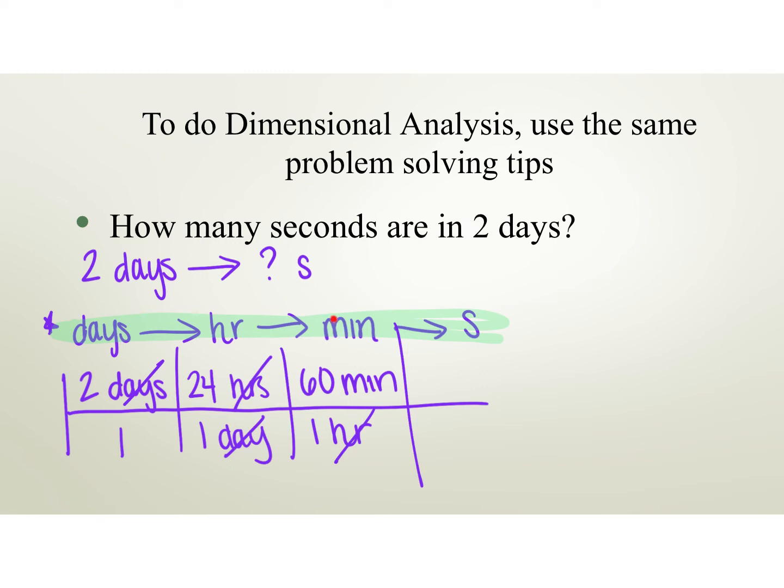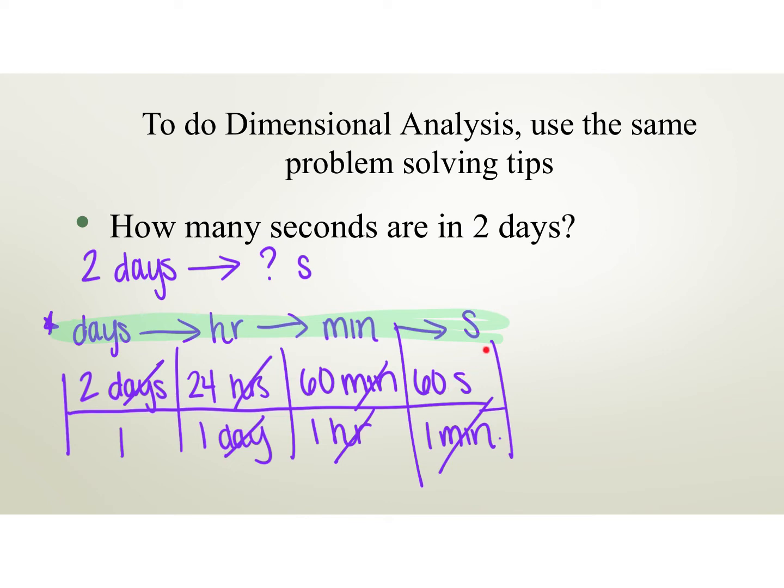Now we have to get from minutes to seconds. How many seconds are in a minute? 60. What unit has to go on the bottom? 1 minute has to go on the bottom, and then 60 seconds has to go on top. Minutes cancel, and then what unit isn't canceled out? Seconds. And what unit do you want your final answer in?